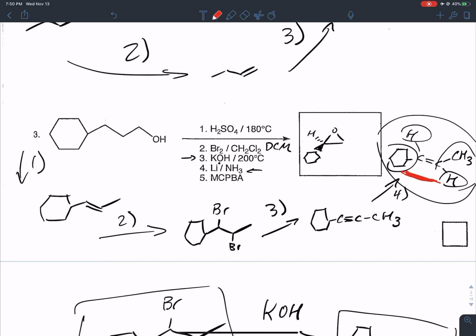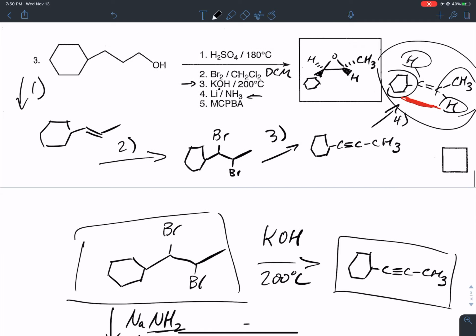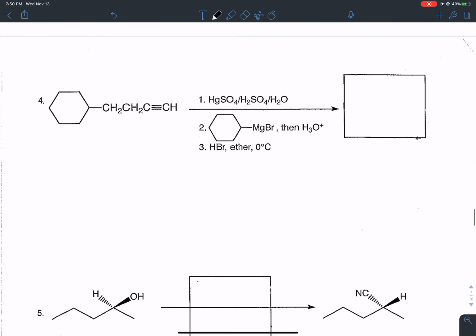The stereochemistry gets preserved here, so it doesn't rotate in the process. So this cyclohexane and the hydrogen have to be on the same side. They're both going to be in front, which leaves the CH3 in back. That's that for that one. Raise your hand with questions, and someone will come around for sure. Moving on.